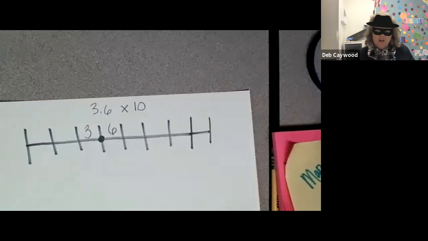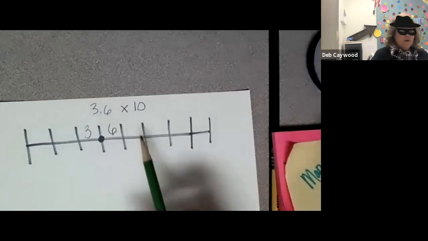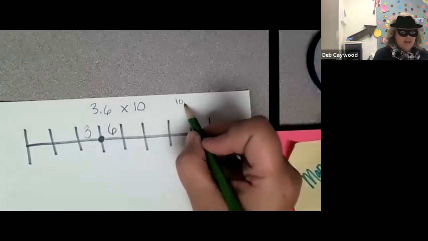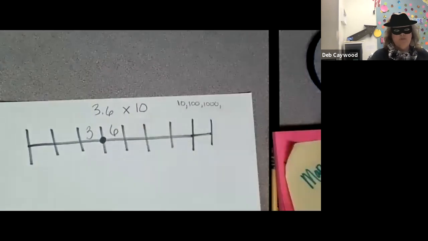Okay, so the digits are going to move relative to the decimal point, and how far you move depends upon the power of 10 you're dealing with. Powers of 10 would be any number that has a 1 followed by zeros. So 10, 100, 1,000. You could even go up to 1,000,000.